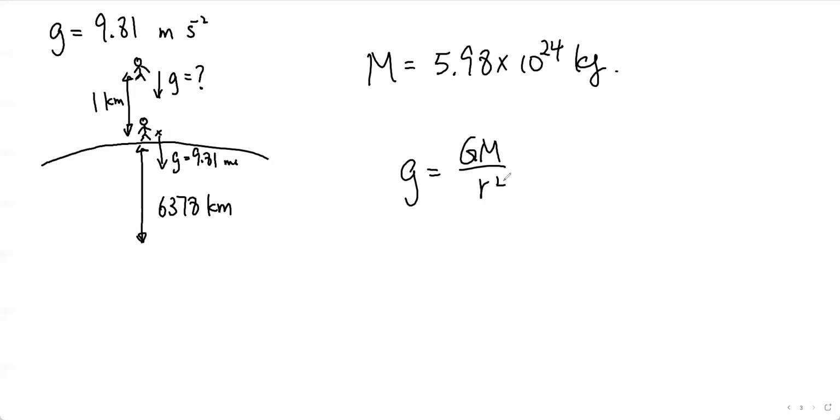It doesn't matter. You just need to use the mass of the Earth in the formula. Big G is 6.67, you get it in your calculator.